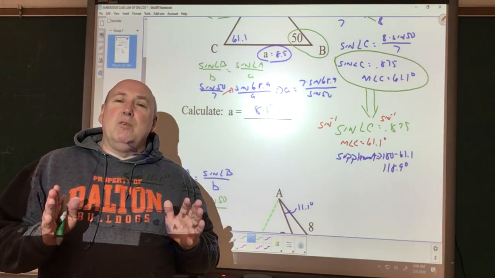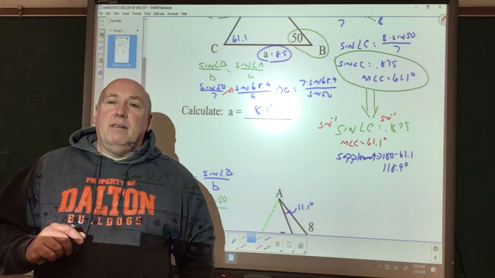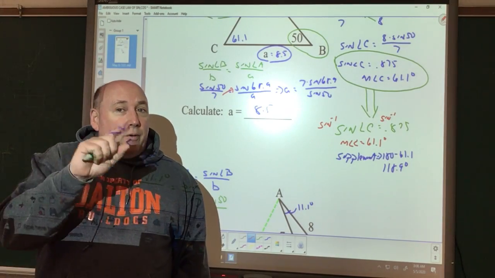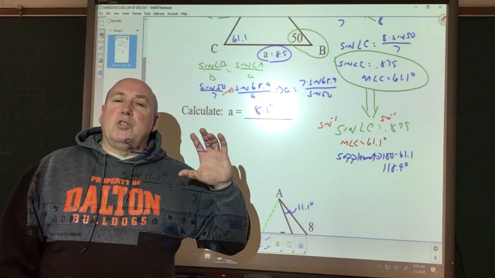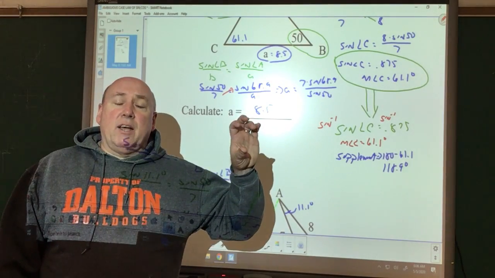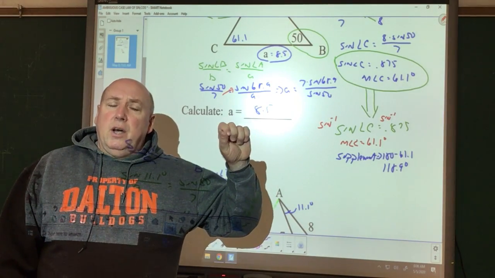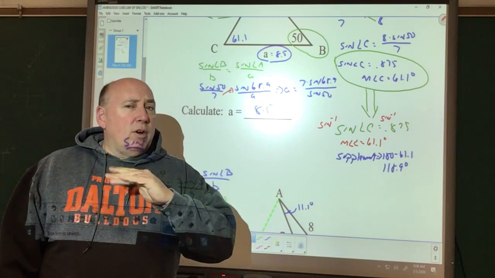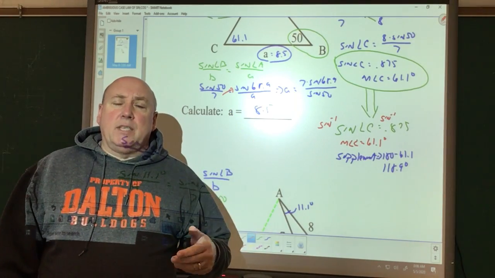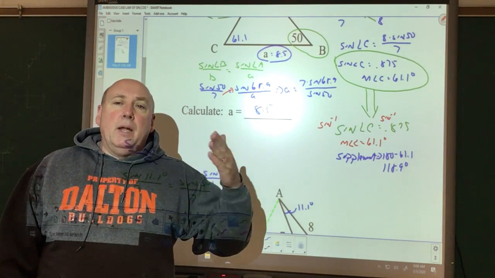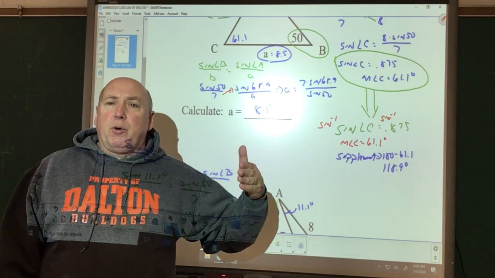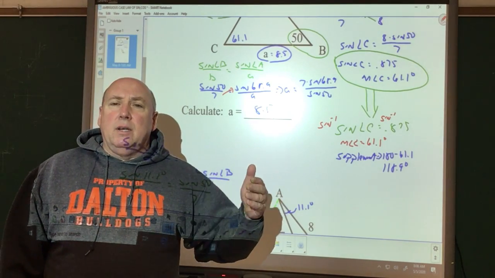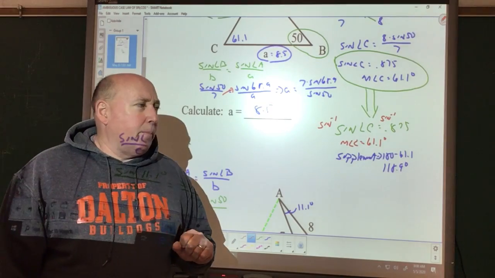How many obtuse angles can a triangle have? Only one. So if there's an angle there that's already obtuse, you're not going to get a second obtuse angle, so I don't have to worry about a supplement, because supplementary angles are always going to be obtuse angles. So I don't have to worry about that.